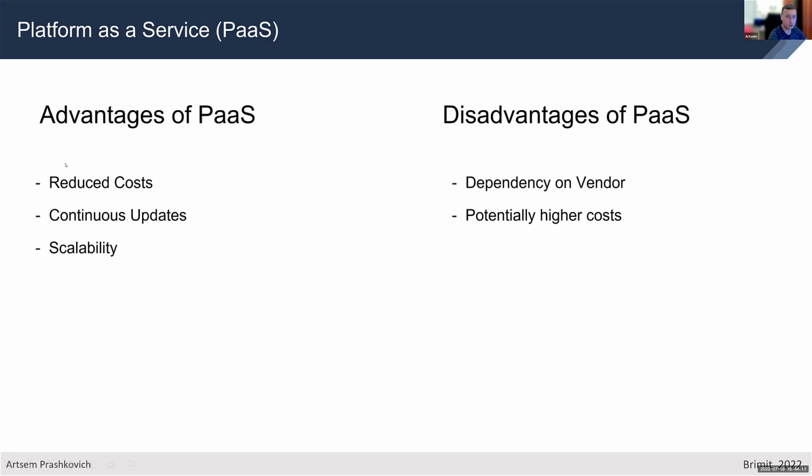You don't need to think about updating even the operating system, as that will be updated automatically. And scalability of PaaS is provided by default due to configurable or automated scaling mechanisms.